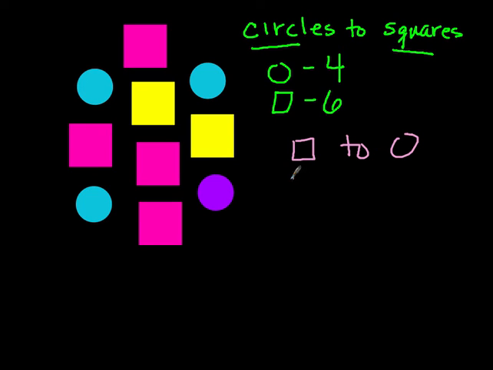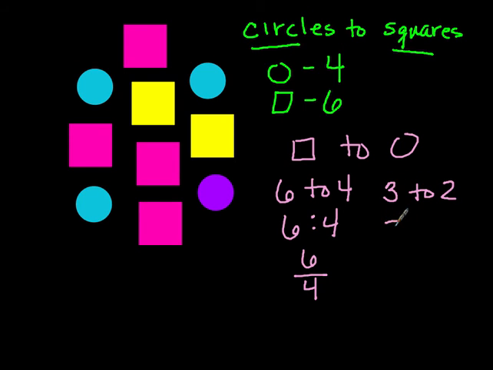Same numbers, but we're going to write them in a different order. Squares goes first this time. So 6 to 4, 6 to 4, and 6 to 4. We need to simplify these as well, making it 3 to 2, 3 to 2, and 3 to 2.